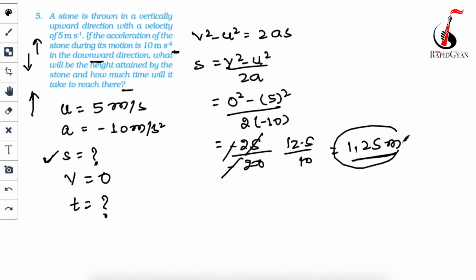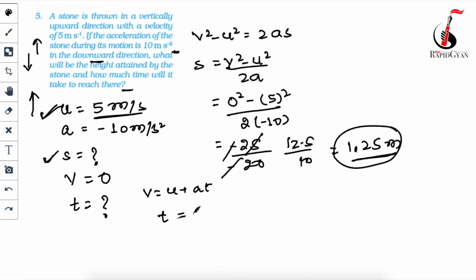It means if you throw that stone up with an initial velocity of 5 meter per second, your stone will go 1.25 meter above the point from where you have thrown it. Now the next part, you have to find the value of t. Simply use this formula, v is equal to u plus at.